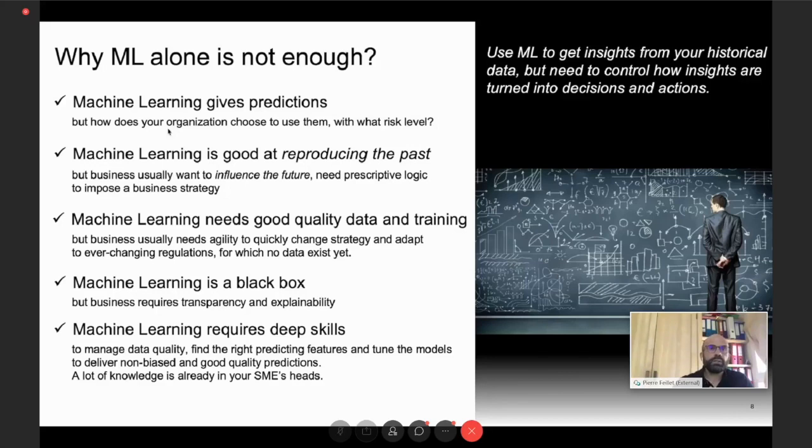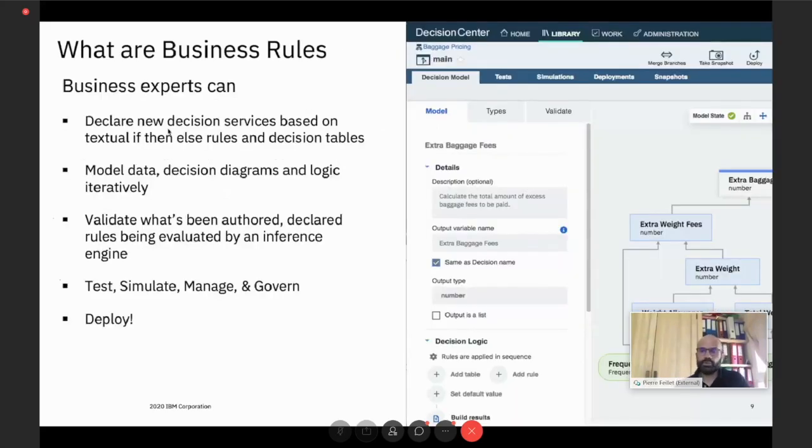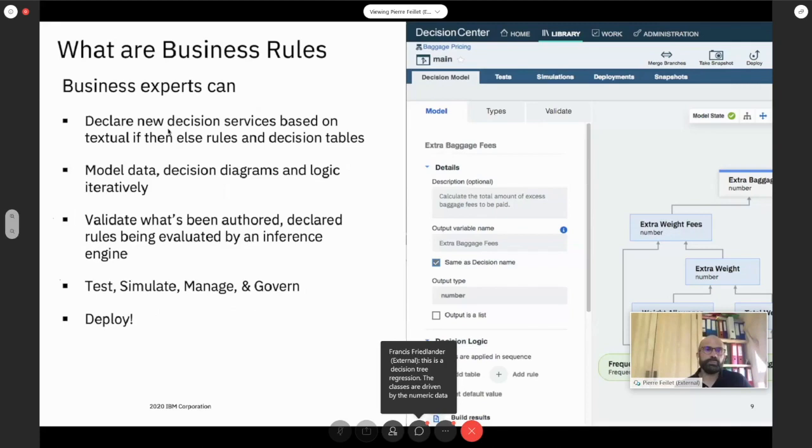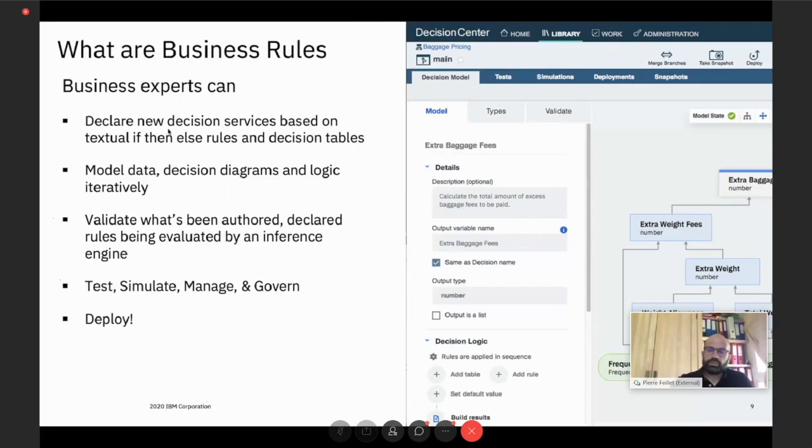So very quickly on the business rules. Business rules are coming from the expert system and the symbolic AI branch. ML and neural networks are said to be sub-symbolic, and business rules are on the symbolic branch. So we were talking about rule inference engines. The approach is to model your knowledge, with a kind of ontology. So what is a client?